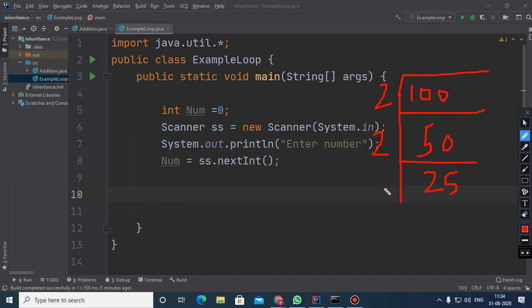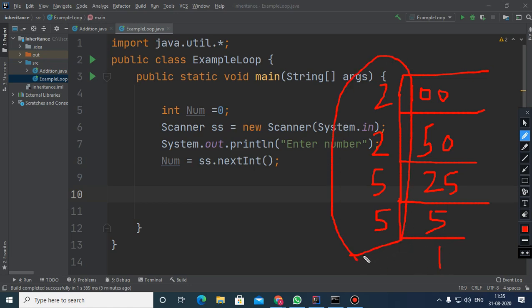This 25 is not divisible by 2, so we will check with 3, then 4, and then 5. Now with 5 this is divisible. Again with this 5 it is 1, and these are the prime factors. So when you talk about 100, the prime factors are 2, 2, 5, 5. And remember one more thing, these two values and these two values are being repeated.